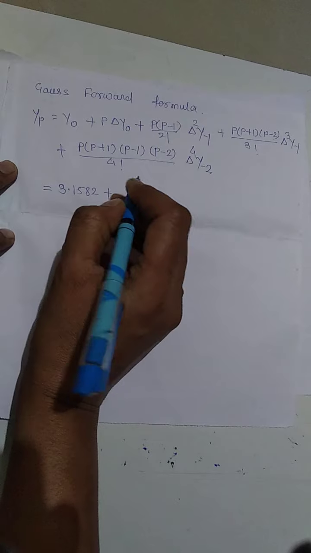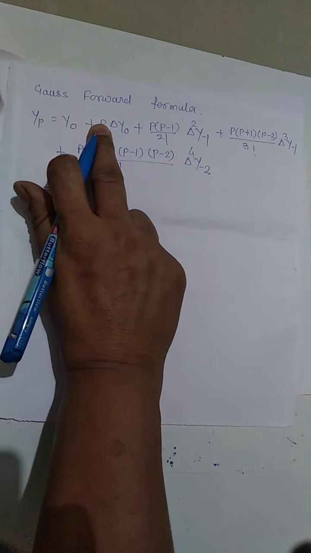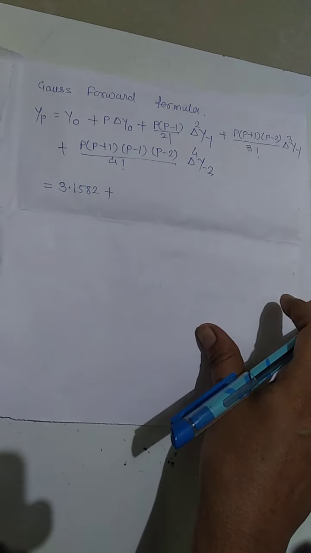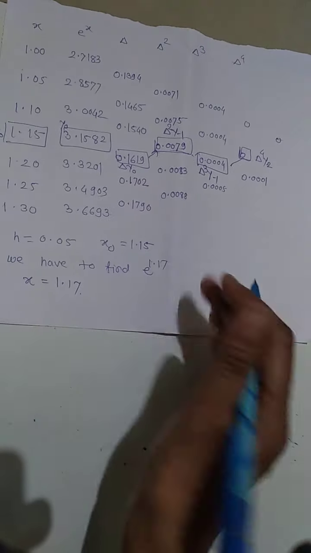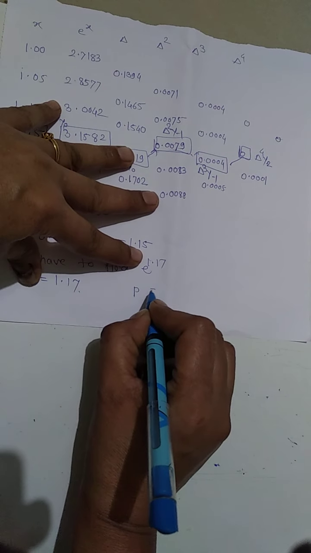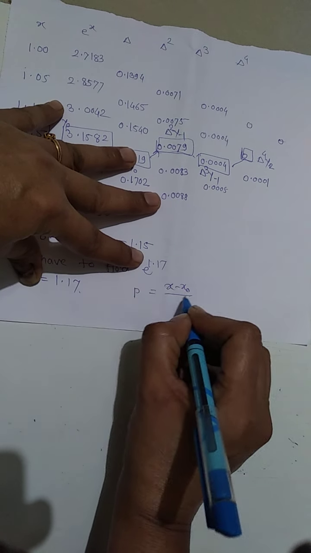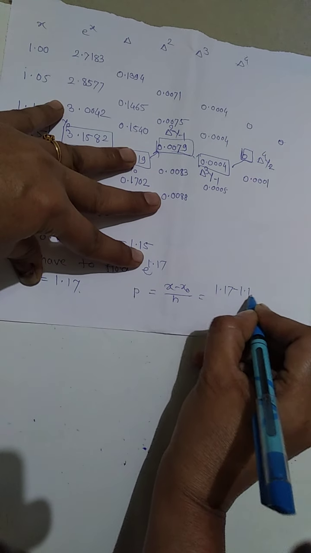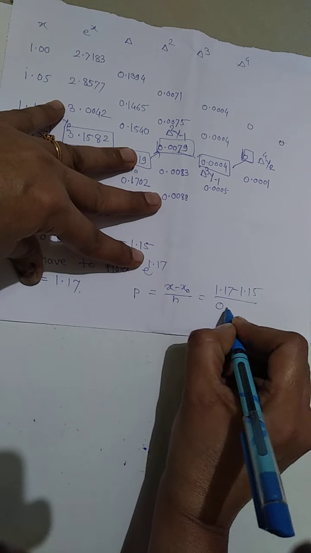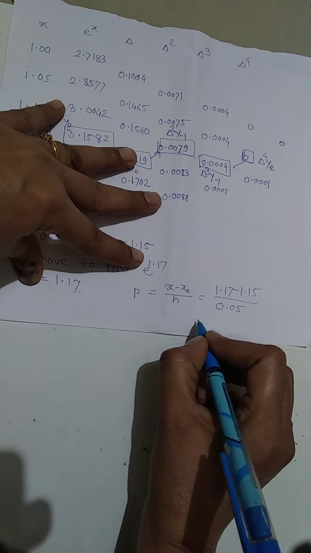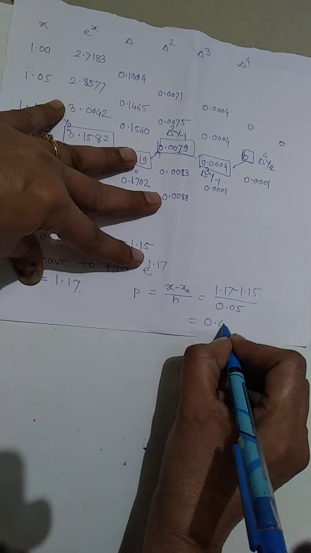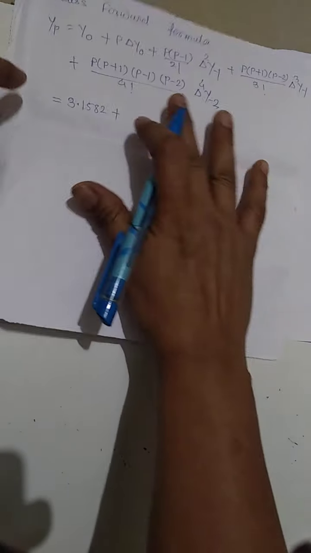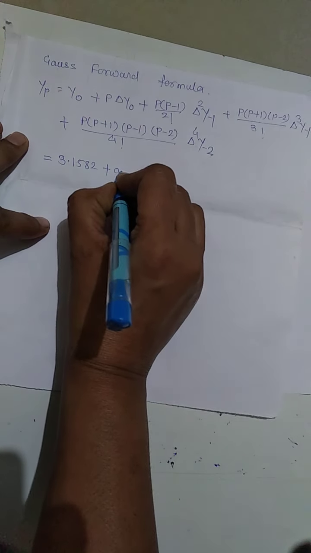Putting these values from the table, we get y0 is equal to 3.1582 plus value of p, which is found using the formula p is equal to x minus x0 upon h. Here x is 1.17 minus 1.15 upon 0.05, and after calculation this value is 0.4, and put this value here, 0.4.